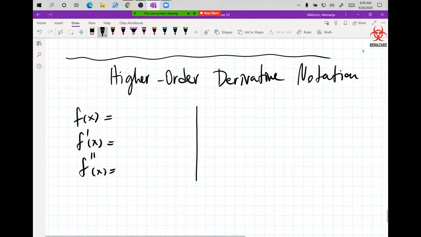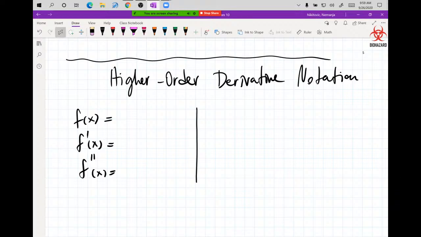The Leibniz world is not used as much, or almost at all, for higher derivatives. Leibniz world will be used for first derivative, and it will be used for word problems and a lot of good stuff in calculus. And here is why.